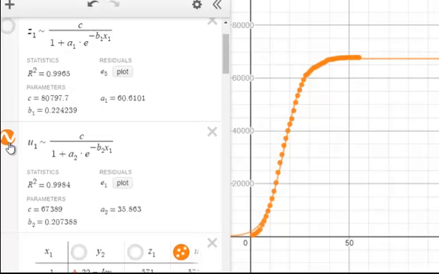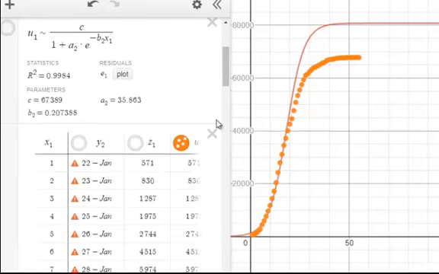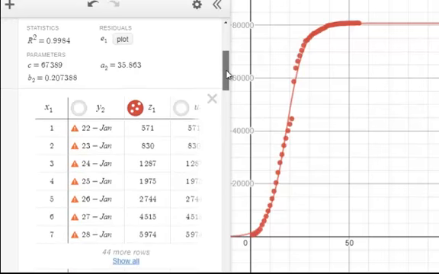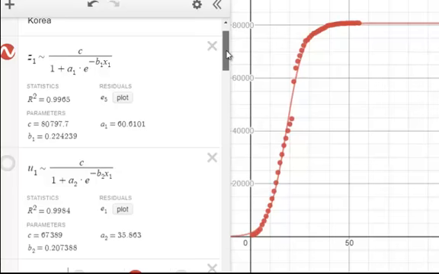Let me go back to the other data, the unadjusted one, the data they actually reported. There you go. There's the 80,000, right? And we can see it does fit the logistic one quite well. Again, I don't know where that jump came from. So yes, it fits this particular logistic curve. And when you look at the carrying capacity here, the top infection rate, 80,000.